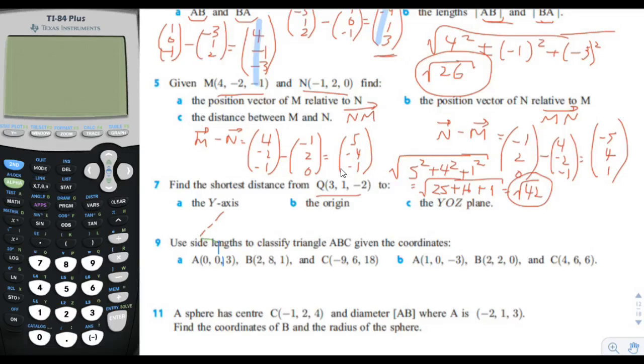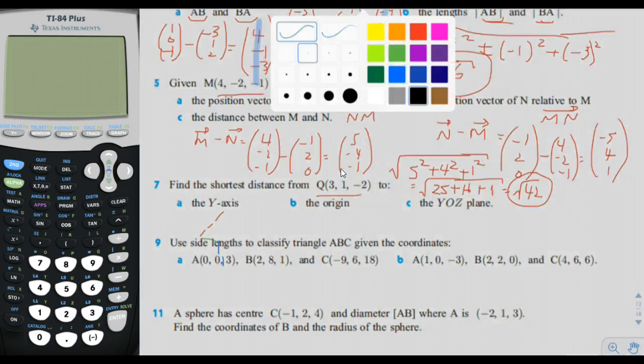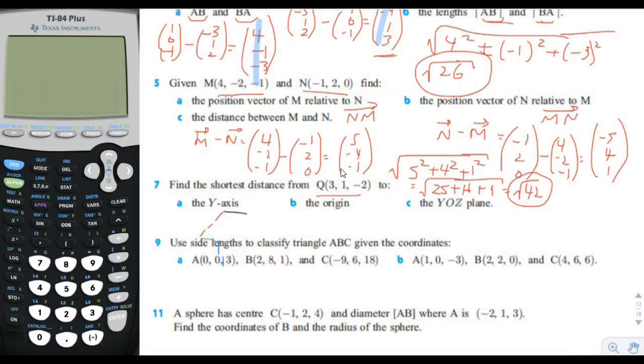And then it says find the shortest distance from this point to the y-axis. Now remember, the y-axis is this axis here. So we're finding the distance between that point and here, and it makes kind of a triangle, you can see.